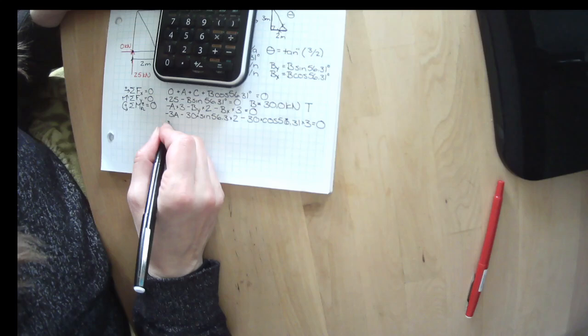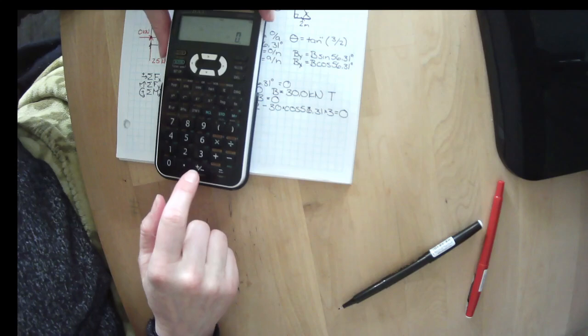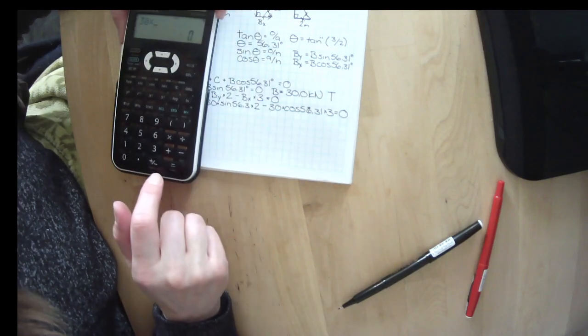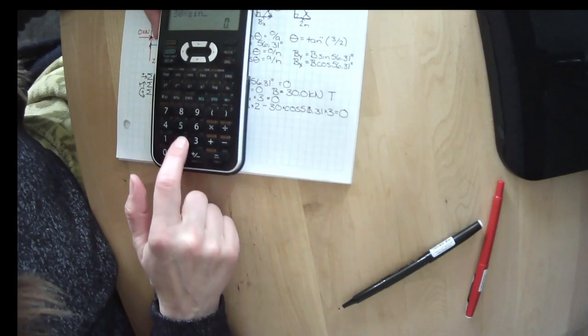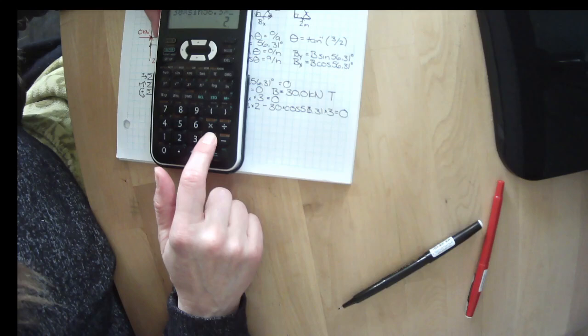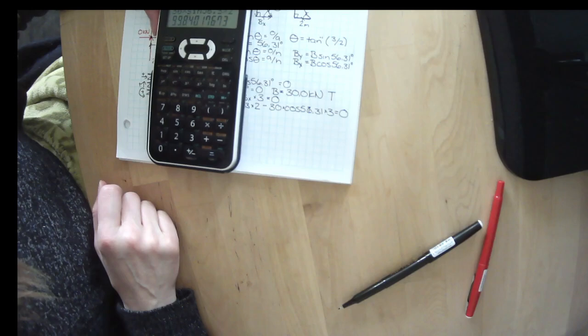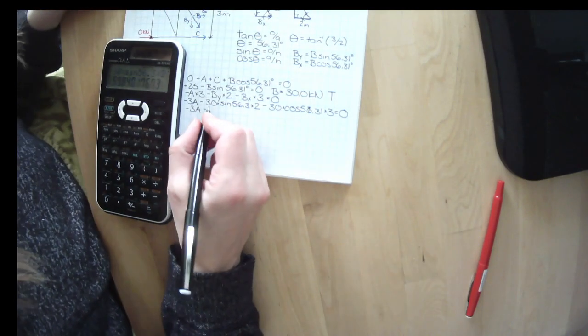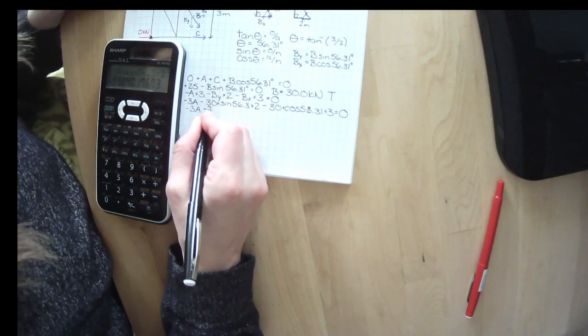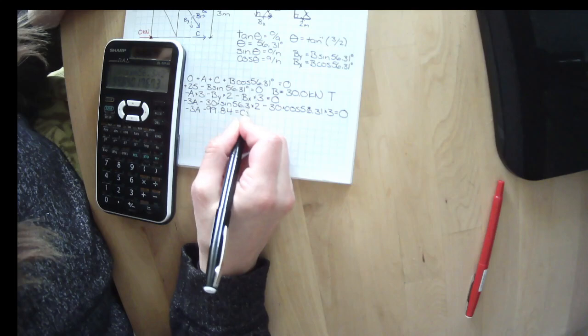We can plug some of these in. We've got minus 3A minus 30 times the sine of 56.3 times 2 plus 30 cosine 56.31 times 3, or minus 99.84 equals 0.